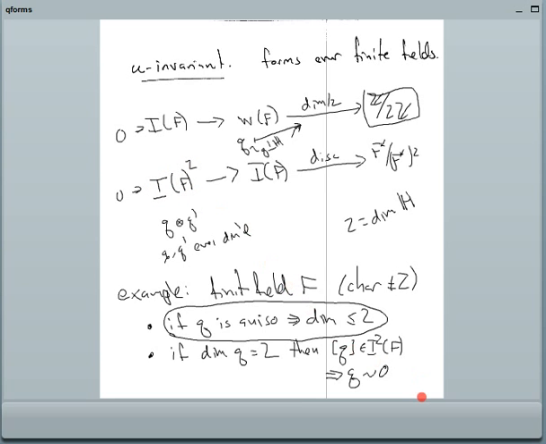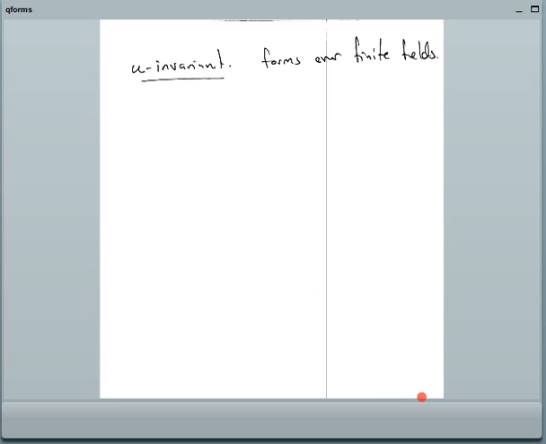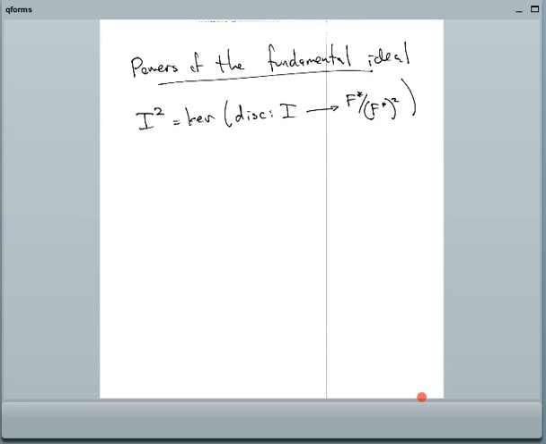So maybe you can probably see the pattern now. The pattern is, you'd like to understand something like this. If I have I squared, I want some other invariant that maps this to some other place.